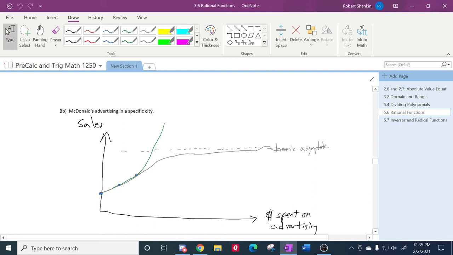After a while, you've saturated the market with advertising, it doesn't do any more good, and we hardly get any more. So as we get anywhere near a horizontal asymptote, you'd probably want to stop your spending on it. Not very efficient.